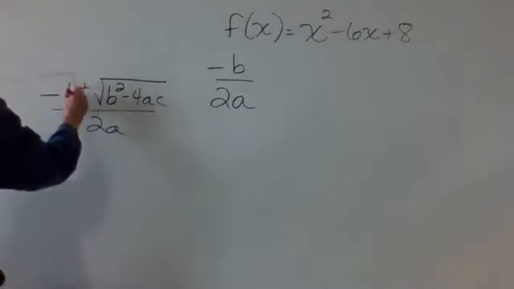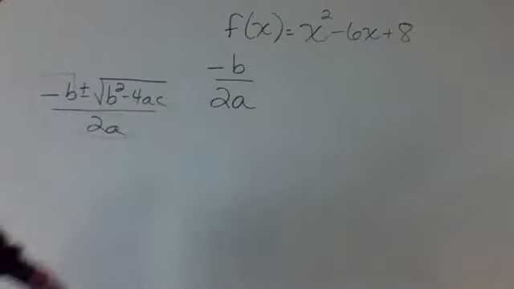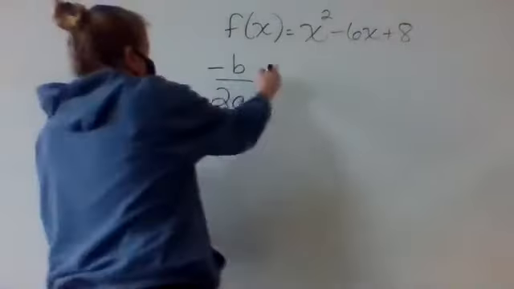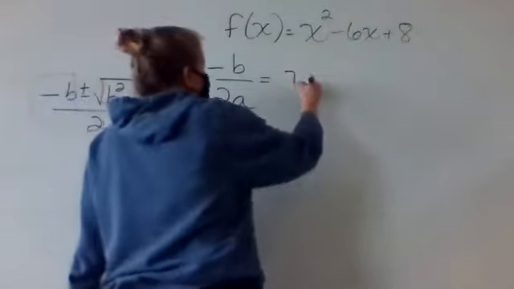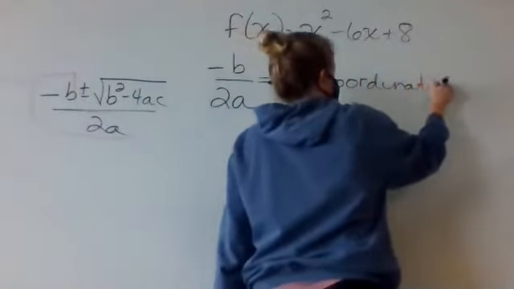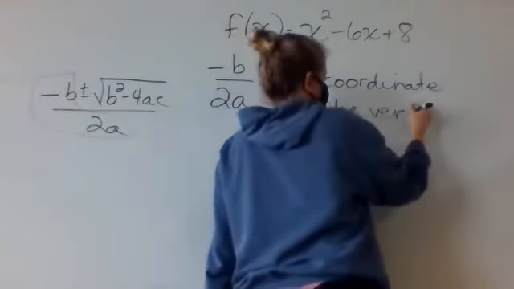This part right here, that opposite of b over 2a, is where this part of the problem comes from. I can use the opposite of b over 2a to find the x coordinate of the vertex.